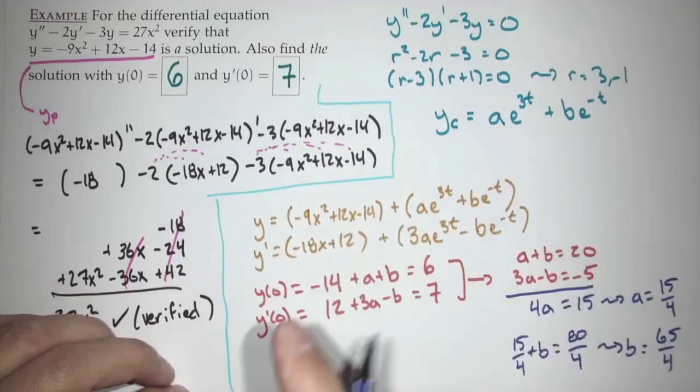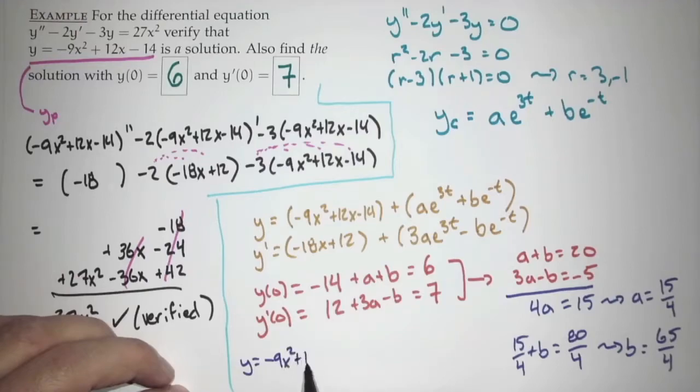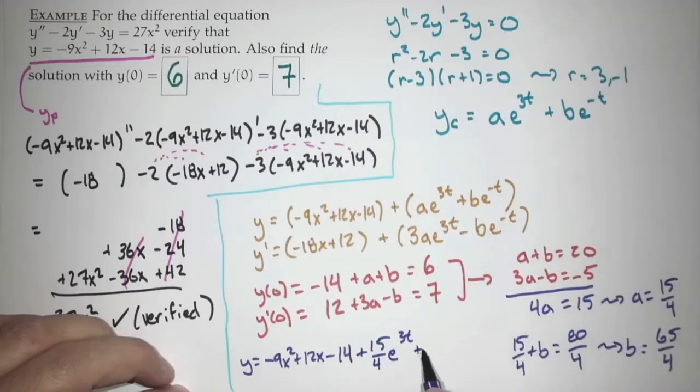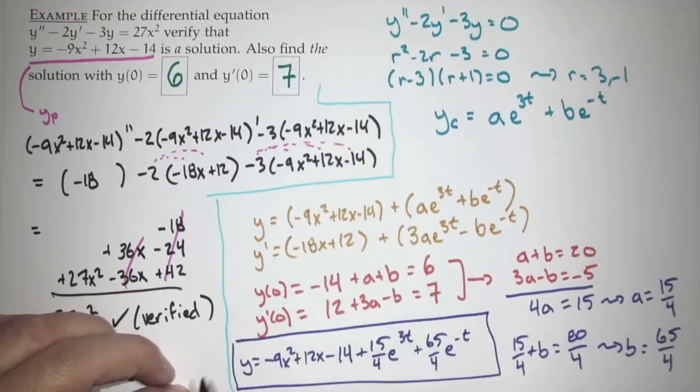We have our form, we just need to put it all together. So y equals minus 9x squared plus 12x minus 14, and then plus a, which is 15 fourths e to the 3t, and then plus b, so that's plus 65 fourths e to the minus t. And we're done.